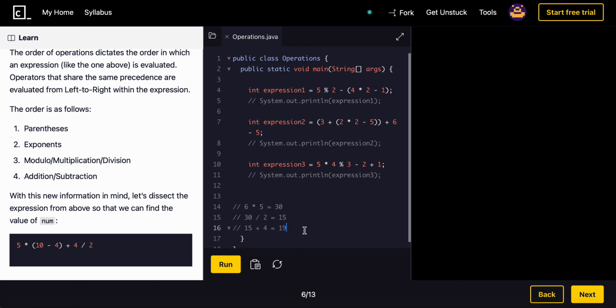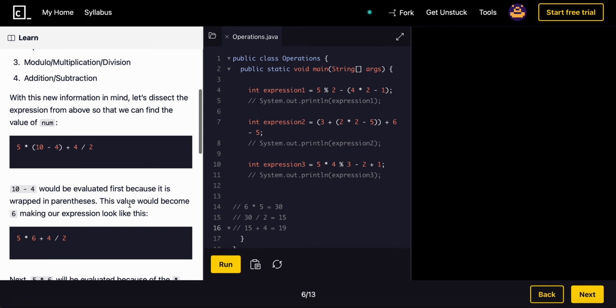So the final value should be 19 according to this. But again, we'll see. Or does that divide that? So we'll see.